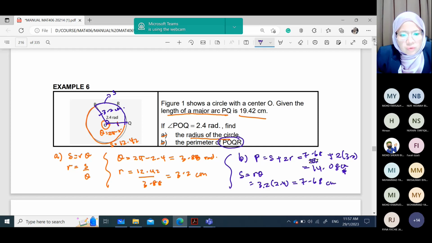POQ 2.4. Outside, they gave the length of the major arc PQ. The major one.